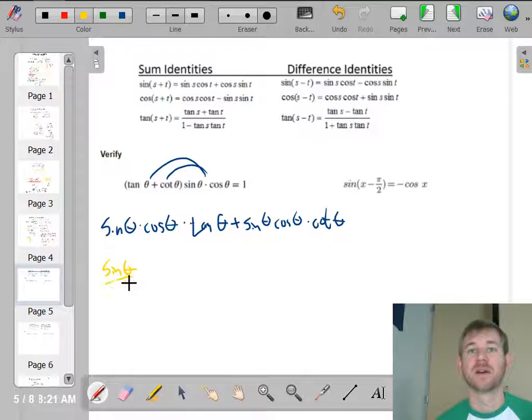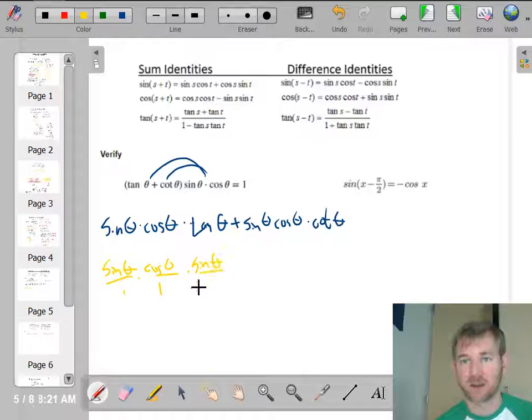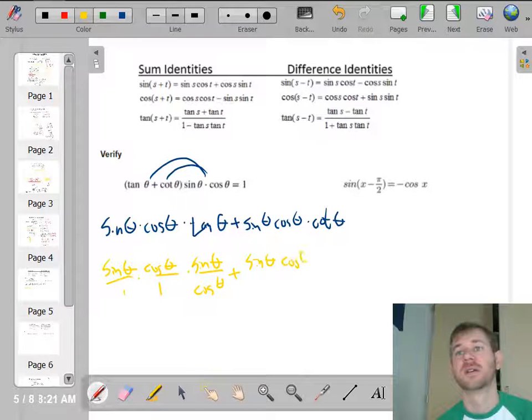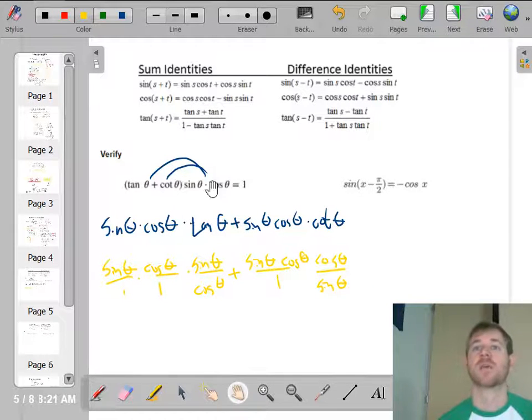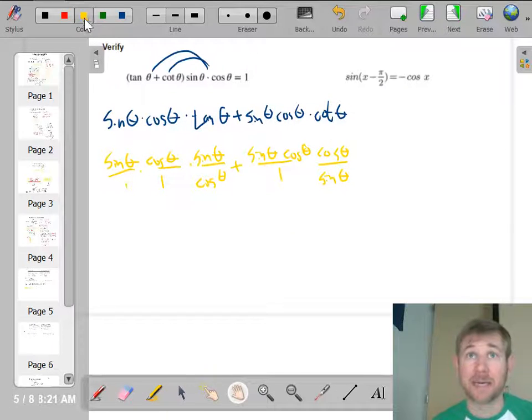Sine of theta, cosine of theta. Tangent is sine of theta over cosine theta plus sine of theta, cosine theta, cotangent, which is cosine over sine of theta. Okay, so can I do anything right now?